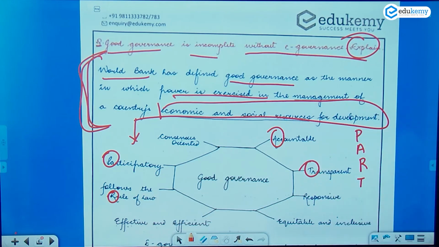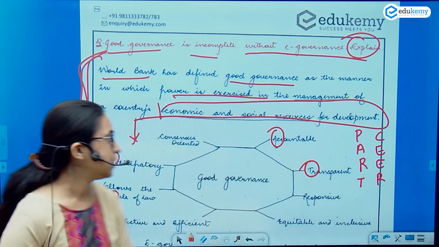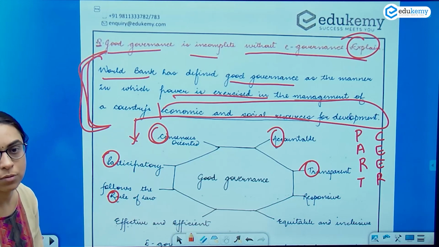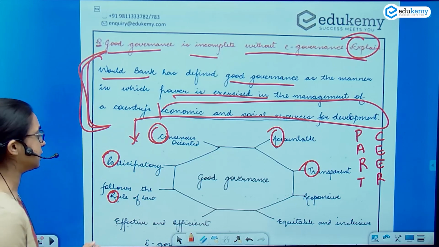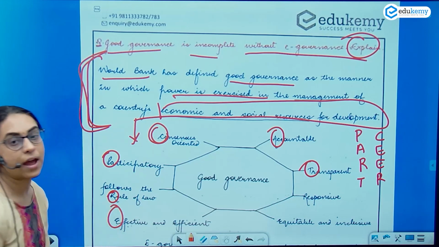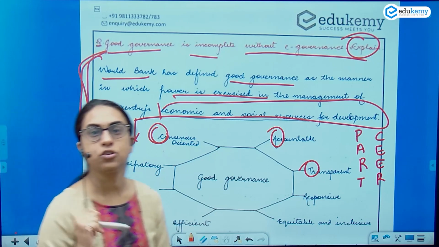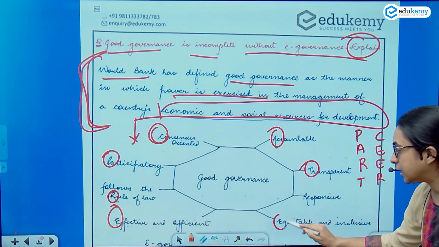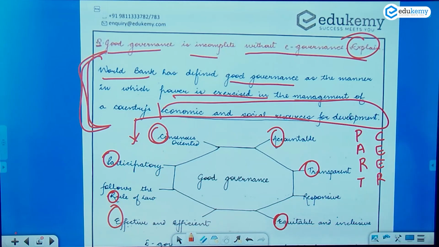Then it is CEER. C is consensus-oriented decision making. The decision making should be by consensus. E is effective and efficient. The governance should be effective. The governance should be efficient. Another E is equitable and inclusive.